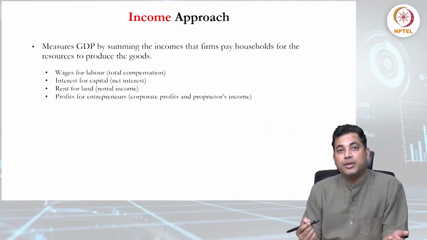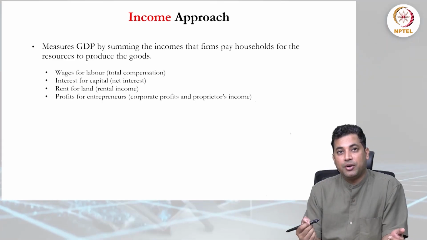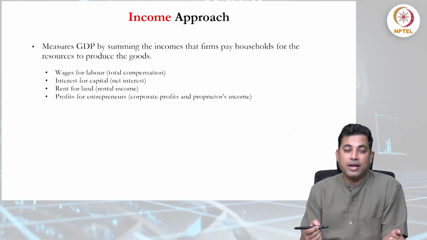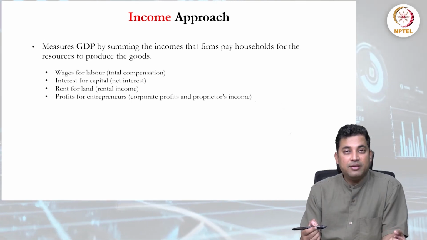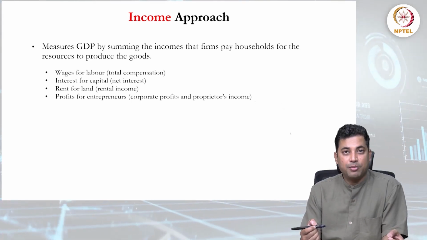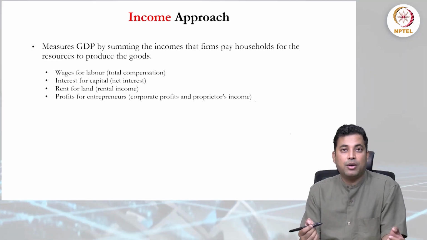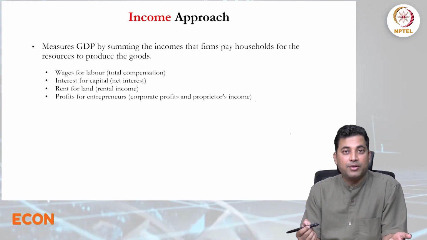Now the fourth component, which we did not mention in our last lecture, though we briefly spoke about it, is the entrepreneurs or the organizations. For entrepreneurs the income is profit.